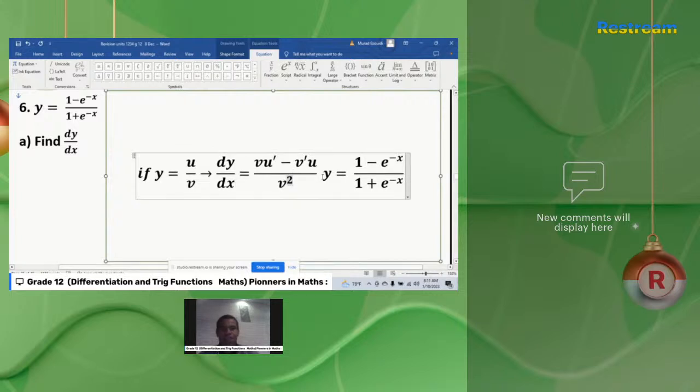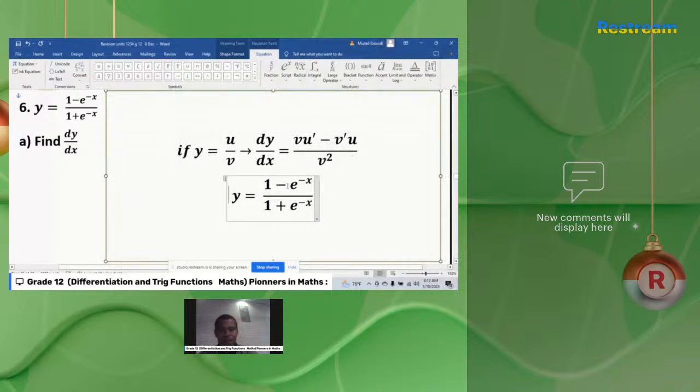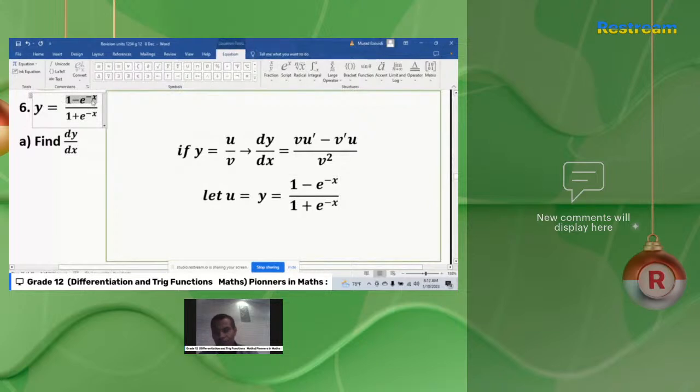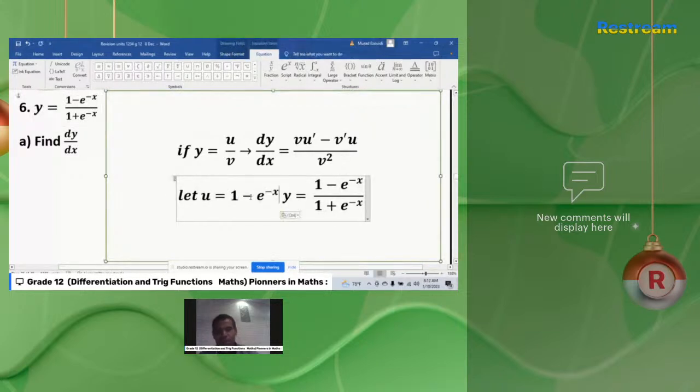But here in this kind of question, you tell that u is 1 minus exponential minus x, and v is 1 plus exponential minus x. Therefore, let u equal 1 minus exponential minus x, this is the function u.